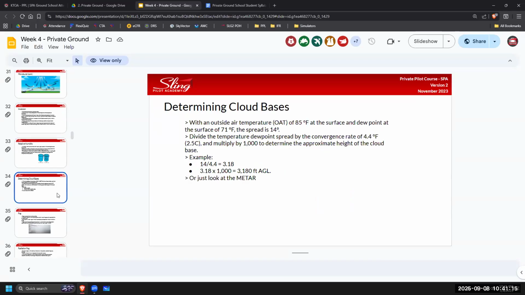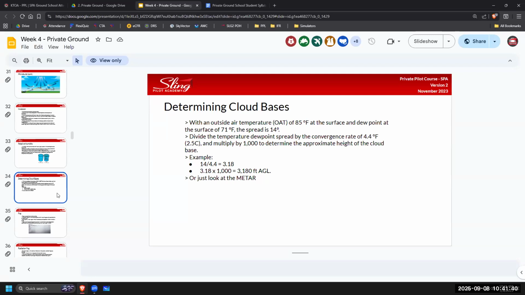Then we get to determining cloud bases. But this is getting a little bit far, so let me go back to relative humidity real quick. In the ATIS that we listen to, it gives us the temperature and the dew point, right?